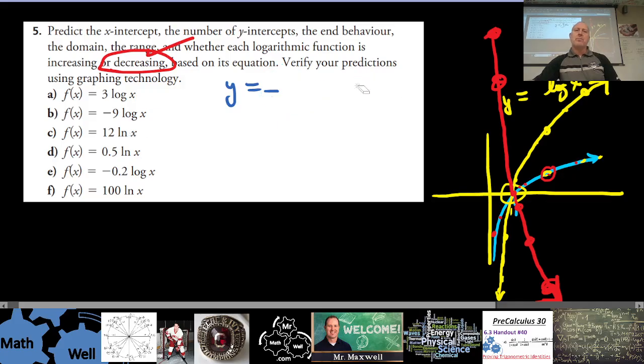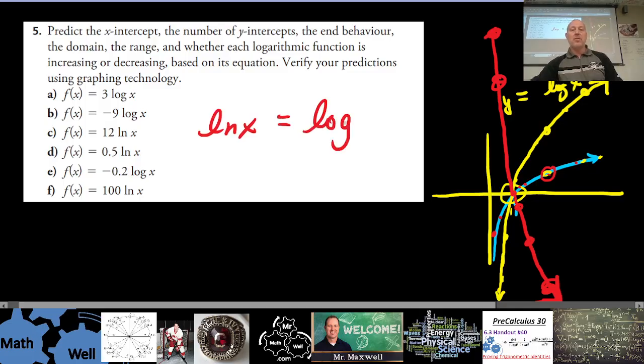Okay. Now in the lesson, we talked a little bit about ln of x. Let me just pause and talk a little bit more about ln of x. This is the natural logarithm, which really is a logarithm, but the base is a special base. It is an irrational number, and it's signified by the letter e. Now, you don't really have to know about natural logarithms that much.